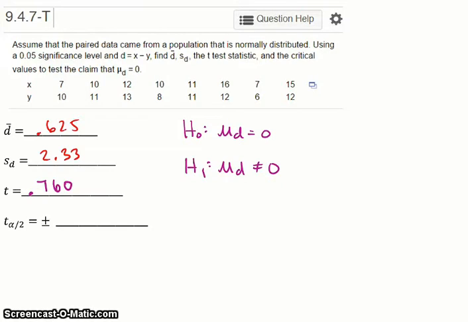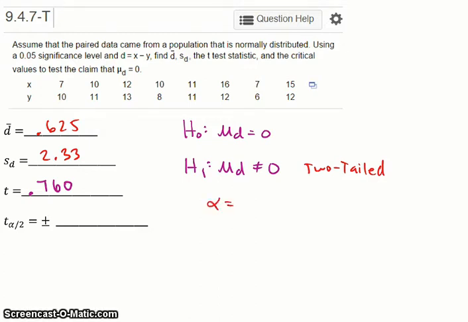Left tail and right tail are one-tail. Again, if you remember, that is determined by the sign in the alternative. Because the alternative has a not equal sign, it's a two-tailed test. If it has a less than sign, it's a left tail. If it has a greater than sign, it's a right tail. So in this case, it's a two-tail.